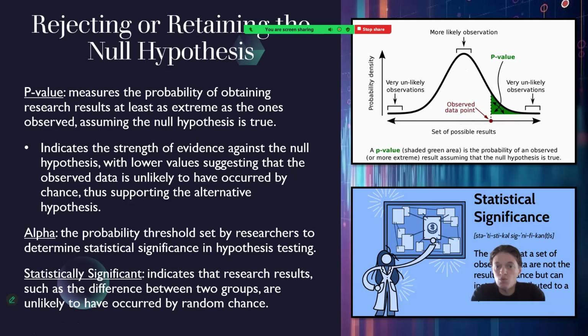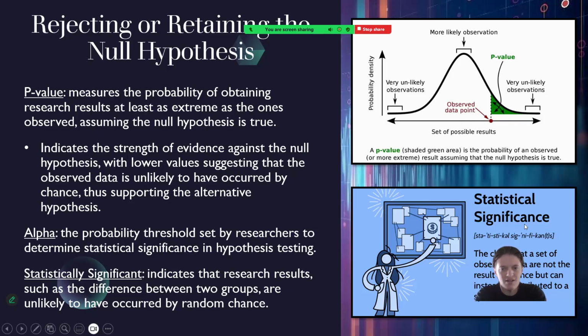And oftentimes what we do is we set an alpha value. An alpha is the probability threshold that we set to determine the statistical significance. It's usually like 0.05. It's a very commonly set alpha value. And we set this value to allow us to decide if our results are statistically significant or not, which means that the research results, such as the difference between two groups, are unlikely to have occurred by random chance.